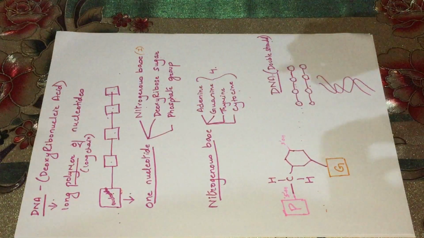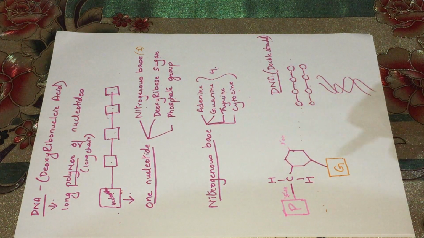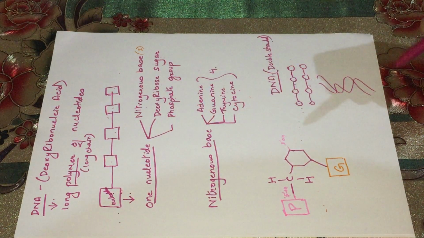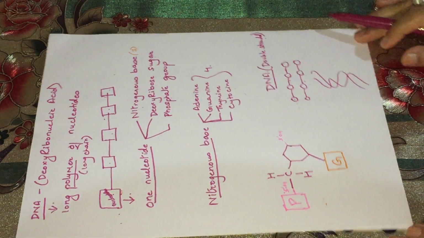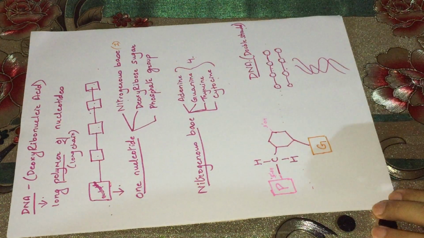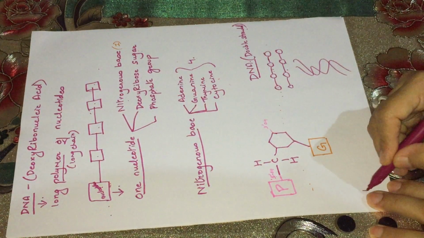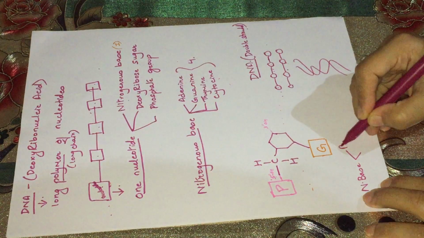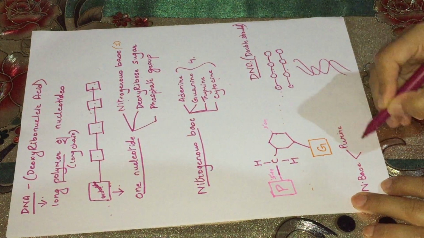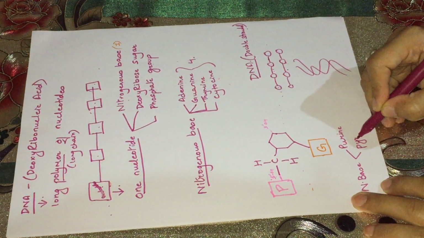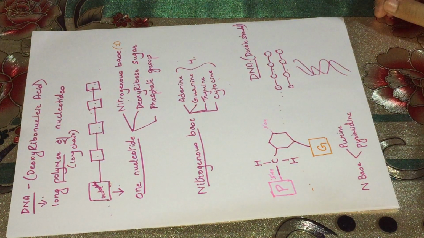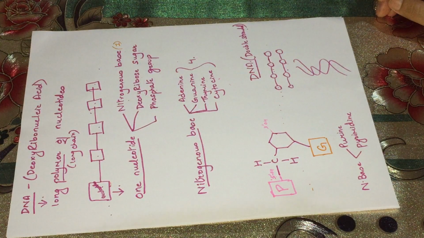But when we talk about types, these 4 nitrogenous bases are grouped into 2 types: purine and pyrimidine.